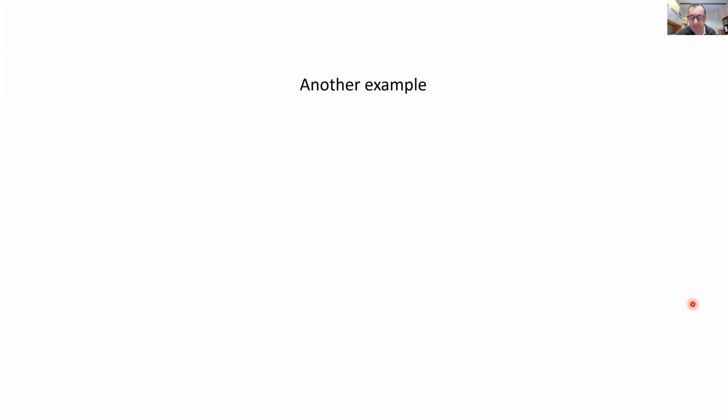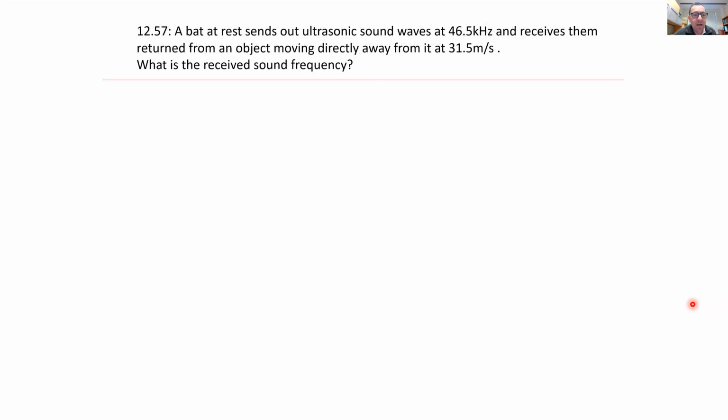Okay, another example, and it's an interesting case. A bat. So you know that bats echolocate. So we're going to assume the bat is at rest. Bats usually fly around, but it's a little easier if we assume that the bat is at rest. And the bat sends out ultrasonic sound waves at 46.5 kilohertz.